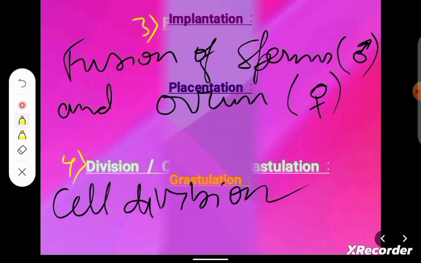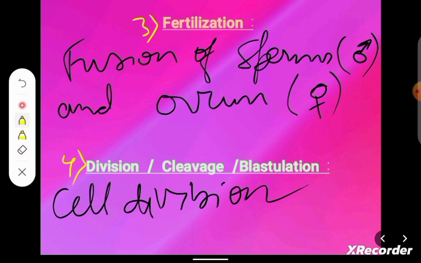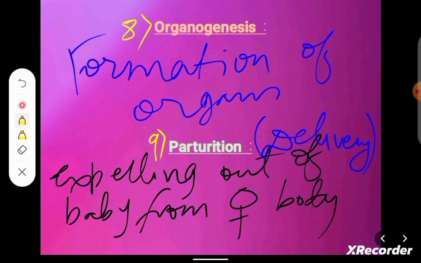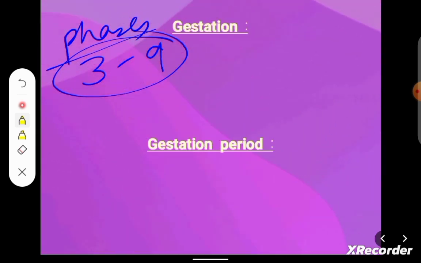So I told you from third to ninth, right? So fertilization, blastulation, implantation, placentation, gestation, organogenesis, and parturition. This is what gestation means.